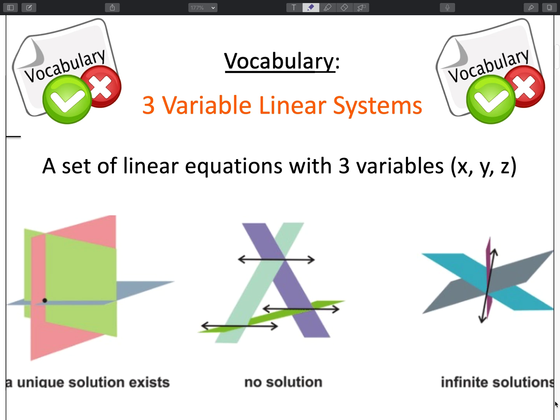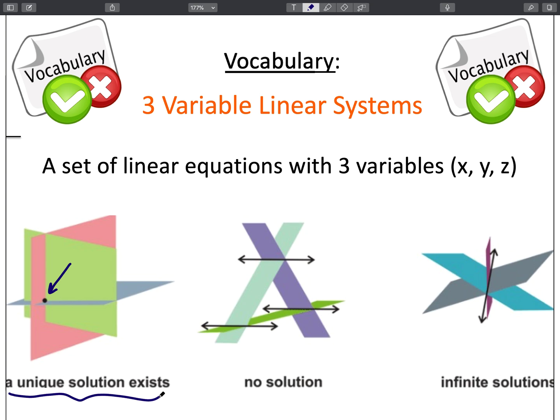You could have the case where there's a single solution, and something in three dimensions actually represents a plane. If you look over here on the left side, you'll see a green plane, a pink plane, and a blue one. If all three planes intersect, notice that they intersect at a single point. That means that there is a single solution for that system.